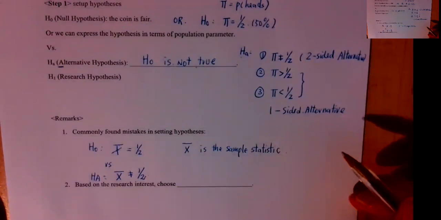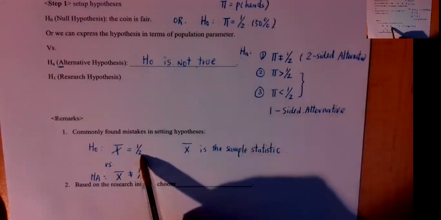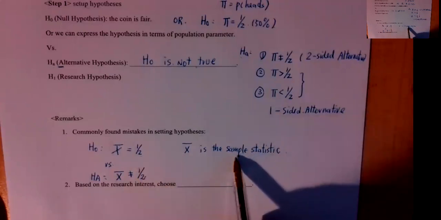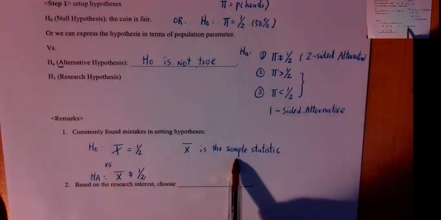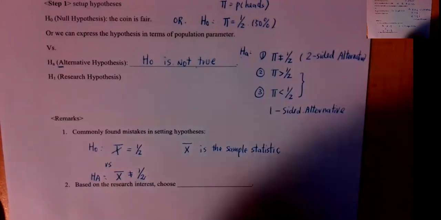If I get 50 heads, this is 50%. If I get 75 heads, this is 75%. If I get 30 heads, this is 30%. So when we make statistical inference, we do not infer X bar. We do not infer a sample statistic. We infer a population parameter.